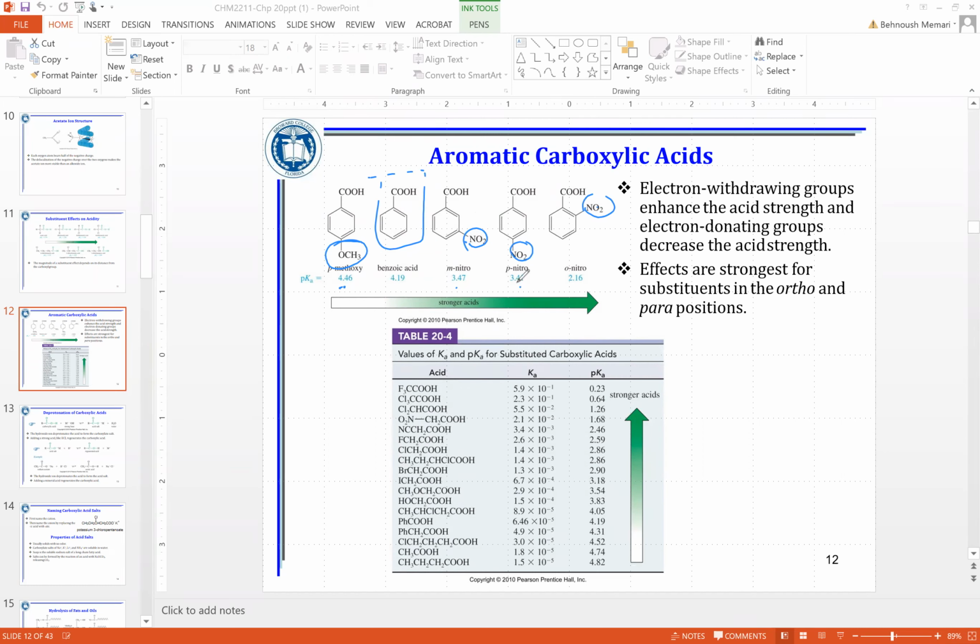If it's in the para position, it's going to be more effective than the meta position. But if it's in the ortho position, because of the distance, it's going to have the most significant effect. So if NO2 is in the ortho position, the acidity is going to be the highest.